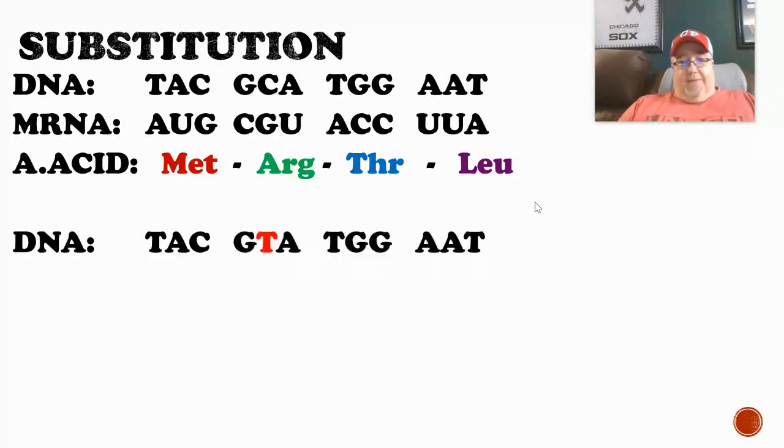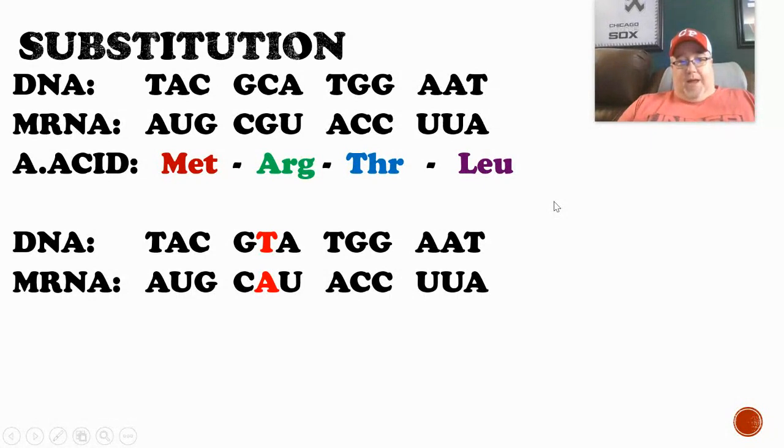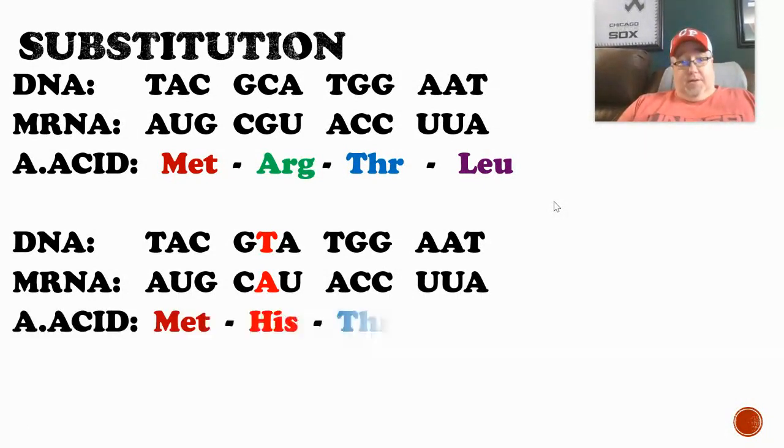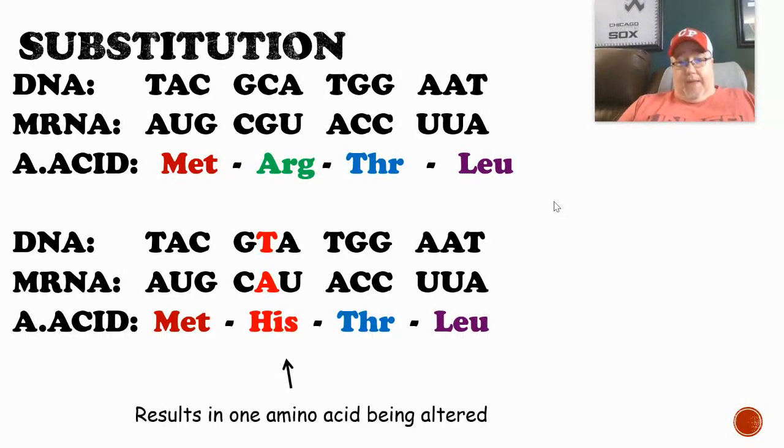But let's say that we have a substitution. Let's say that we have a mistake, right? So the mistake here, instead of this C, this cytosine, it's now a T. Let's see what impact that could have. So now we have our mRNA, right, that copies those instructions. And now take a look at your amino acids. So what this results is one amino acid instead of arginine.